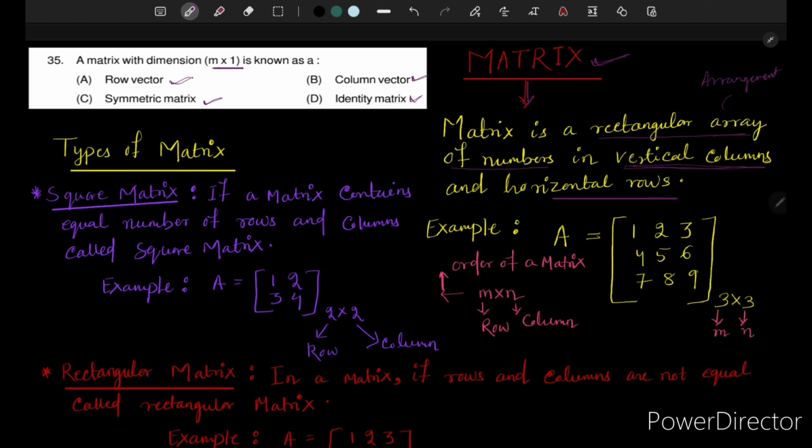Now again the question arises, what is the need of a matrix structure or matrix algebra? In economics, we have to deal with n number of entities, whether it is an individual, a farm, or any kind of industries or variables, because in society we have n number of entities.